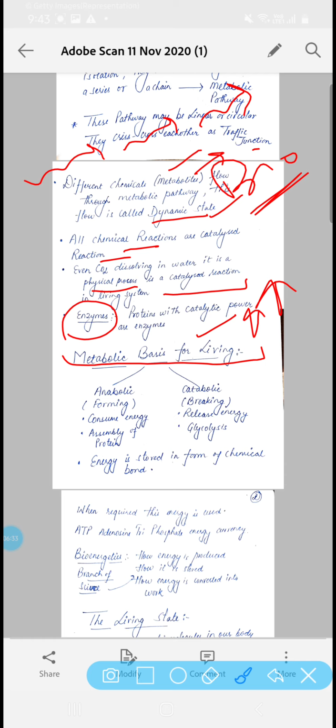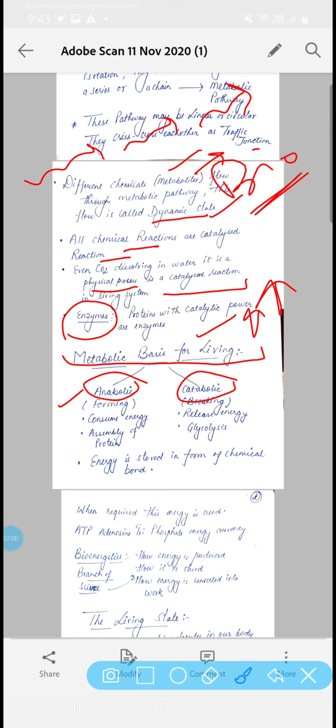These metabolic pathways can lead to a more complex structure from a simpler structure, or they may lead to a simpler structure from a complex structure. So basically there are two types of reactions: anabolic reaction and catabolic reaction. Anabolic reactions are addition reactions, synthesizing reactions, forming reactions.